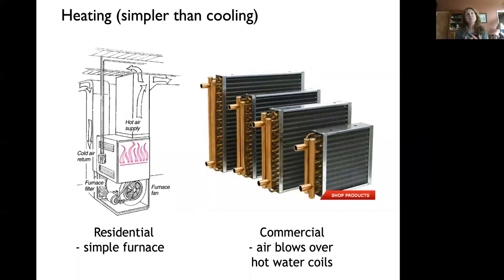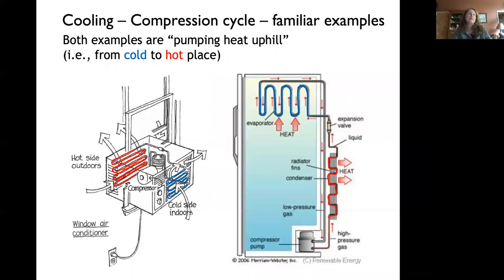In a commercial building, you're often going to have these coils and air is going to blow over them. In these pictures of hot water coils, those coils are going to look exactly the same if you're running hot or cold water over them. The difference is going to be how that heating or cooling is actually generated. So let's focus now on cooling since it's more complicated.